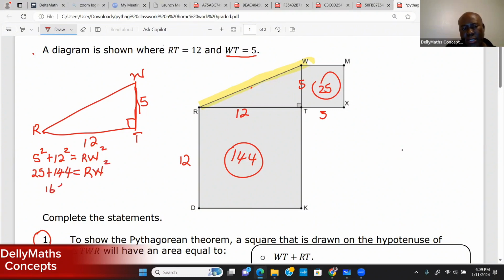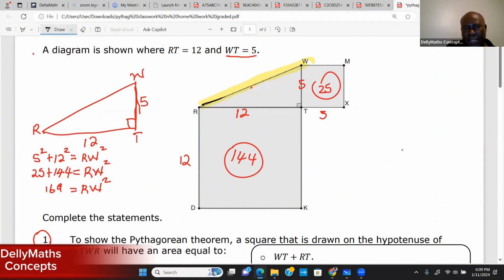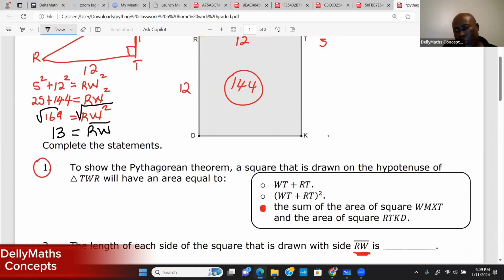This is going to give us 169 when we add them. This is equal to RW squared. In order to find the length of the side, which is this distance here, we're going to take the square root. 13 is the square root of 169, and that is the distance from R to W. So then, using the Pythagorean theorem, we come up with 13 right here.